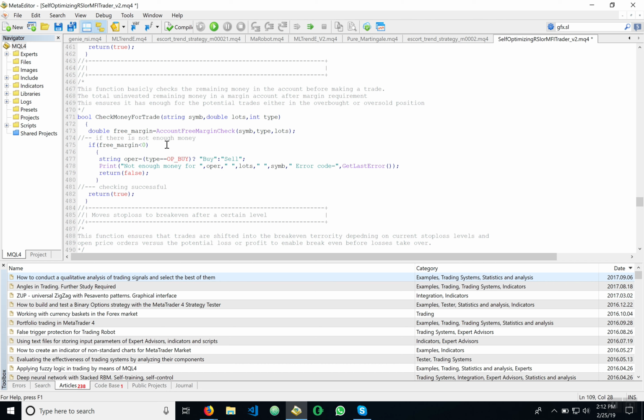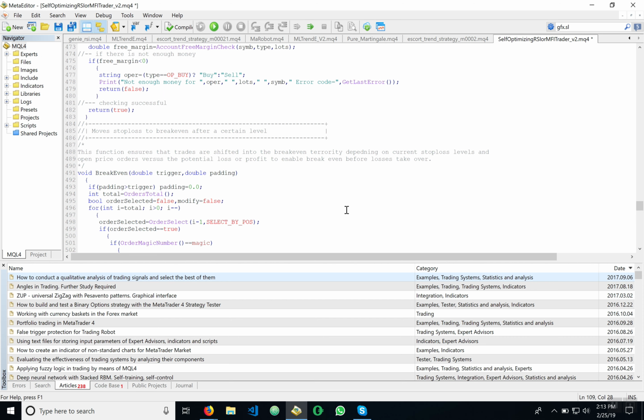So here it checks the free margin variable against the lot sizes and the type of trade being asked, and if there is enough, it passes that criteria and the main function will carry forth the trade. If not, we'll get an error that there is not enough money for that particular trade.